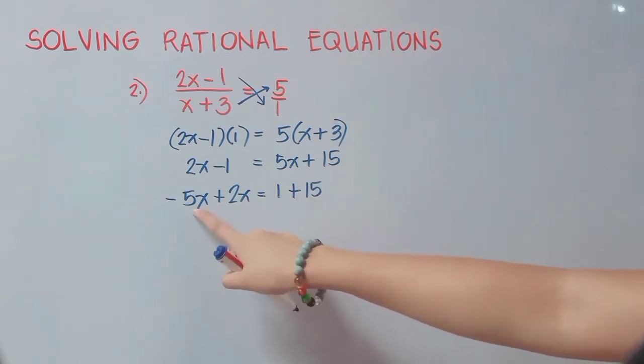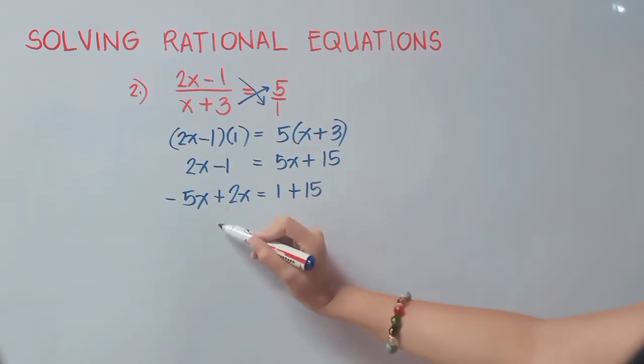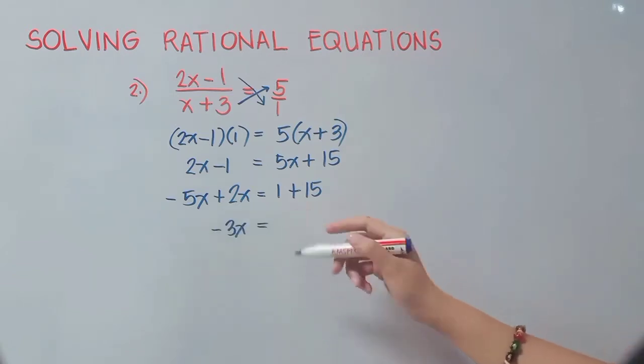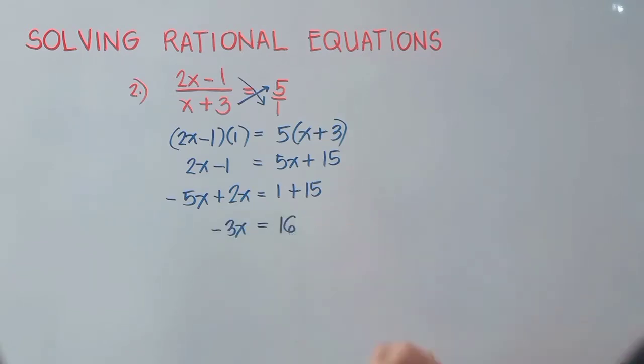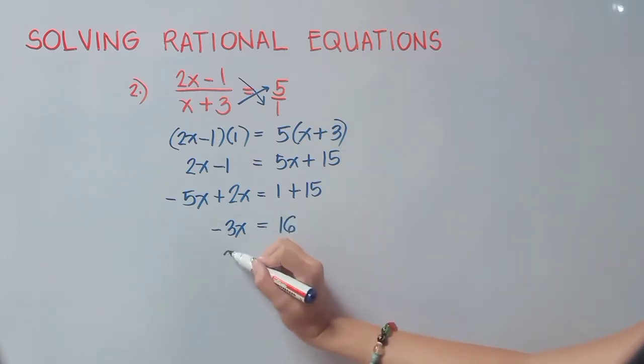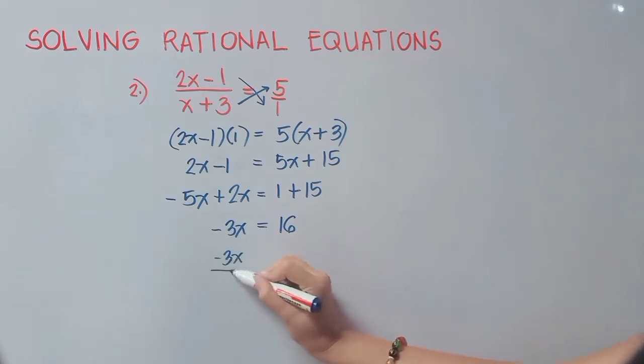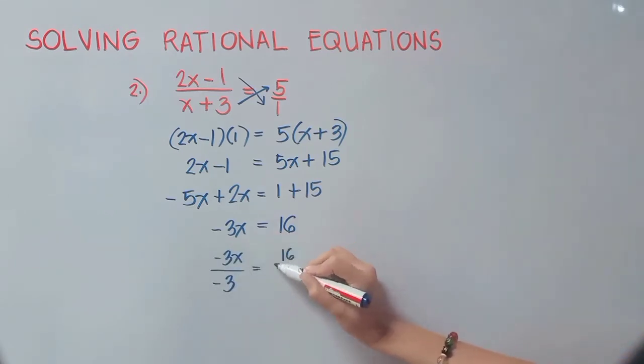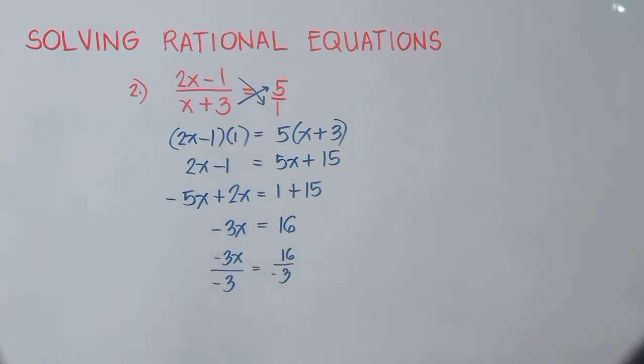We have here negative 5x plus 2x, that will give us negative 3x, and then 1 plus 15 is 16. Now we have to divide both sides by negative 3. So our final answer is x is equal to negative 16 over 3.